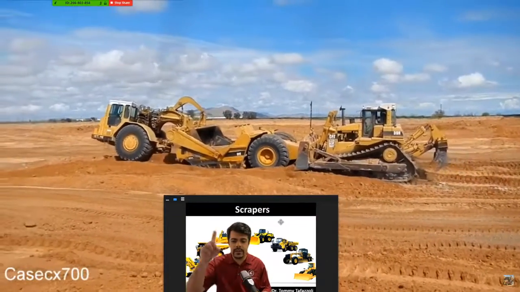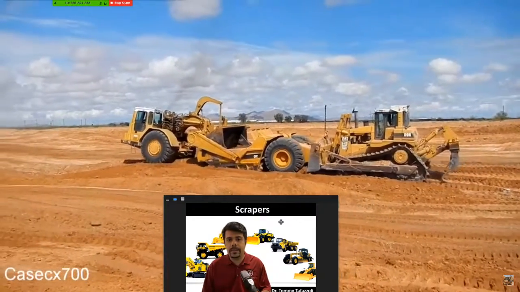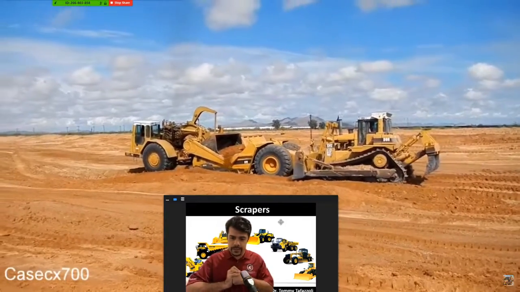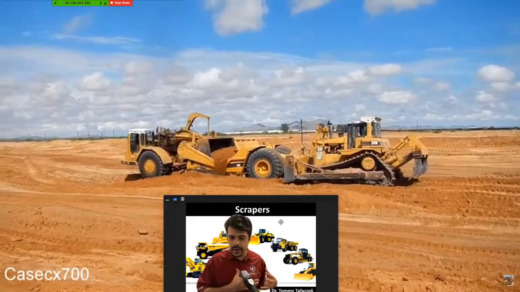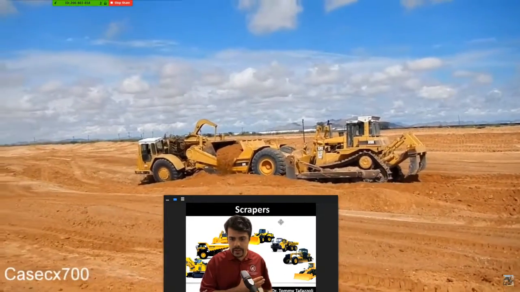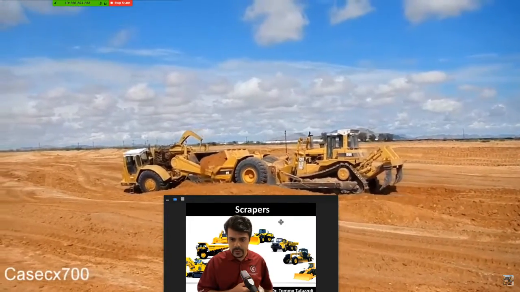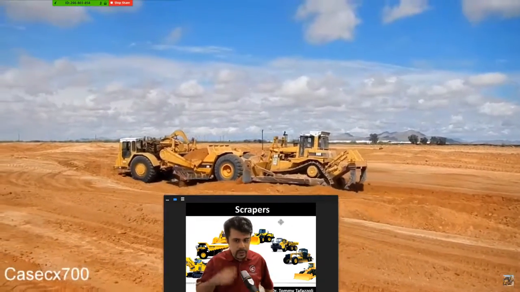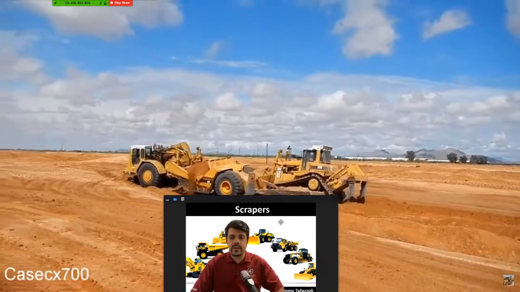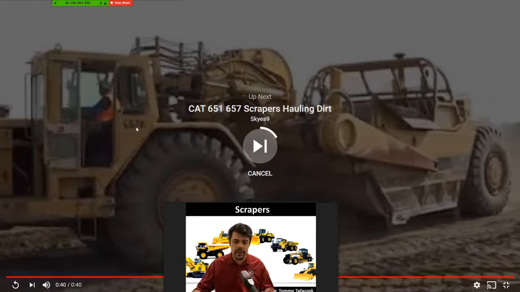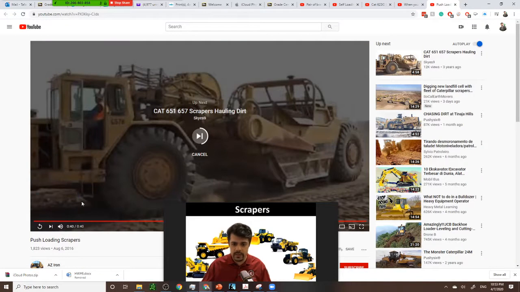As you can see here, the loader is providing more energy for the front scraper to go ahead. This is particularly useful when you're working on road surfaces that are harder, or when you're working on an uphill slope.